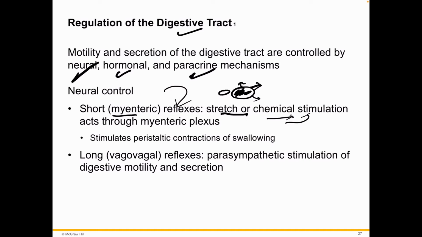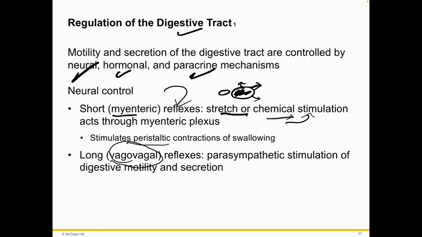Also, chemical stimulation, so things like carbohydrates, fats, proteins, all that good stuff, would be what stimulates peristalsis.